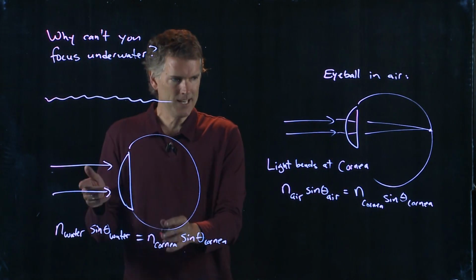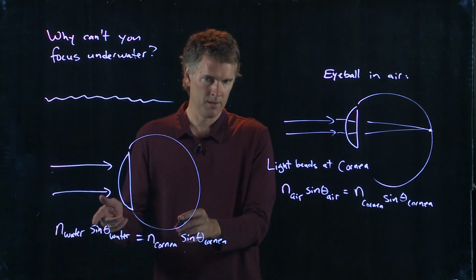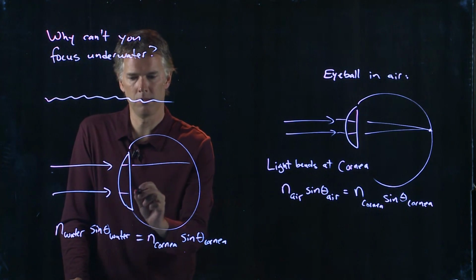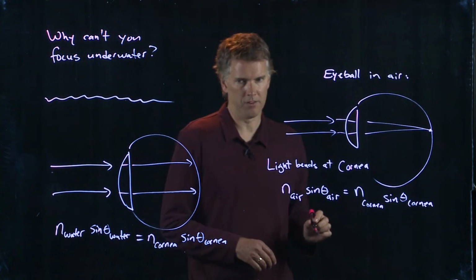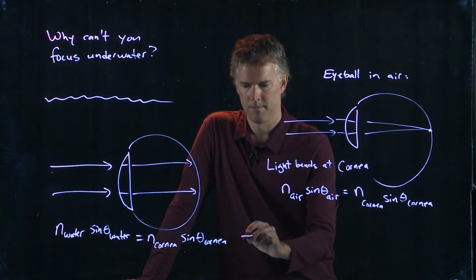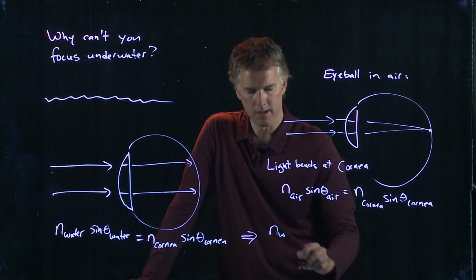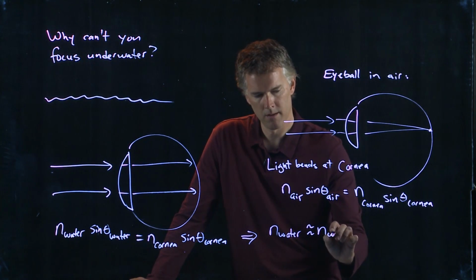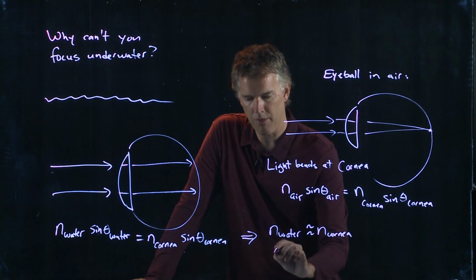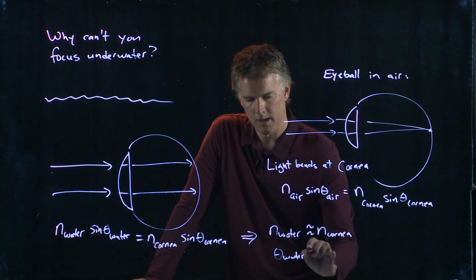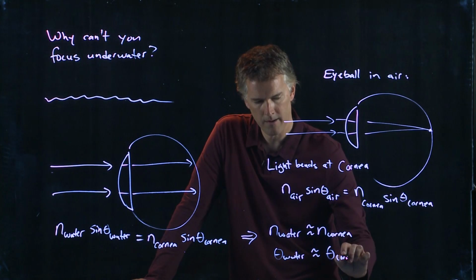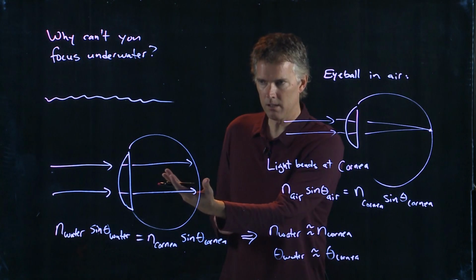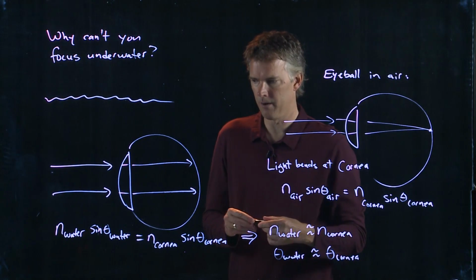And so it's going to bend if those are different, and it's not going to bend if they are the same. And what happens is those are nearly the same. N water is nearly the same as n of the cornea, and therefore theta in the water is nearly the same as theta in the cornea. Things don't focus, and so you can't see underwater. You can't focus very well underwater.